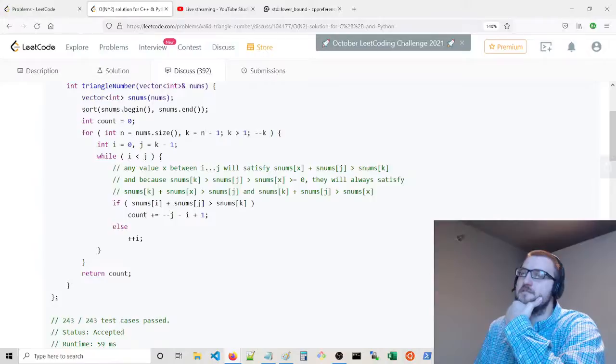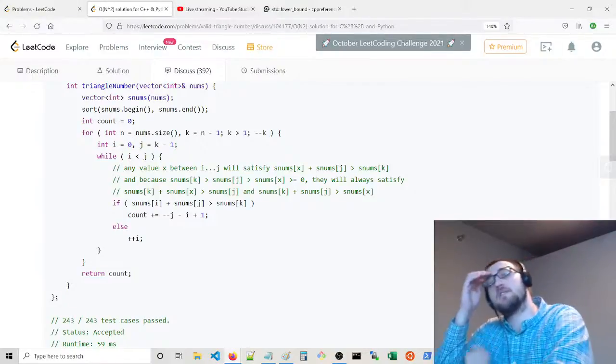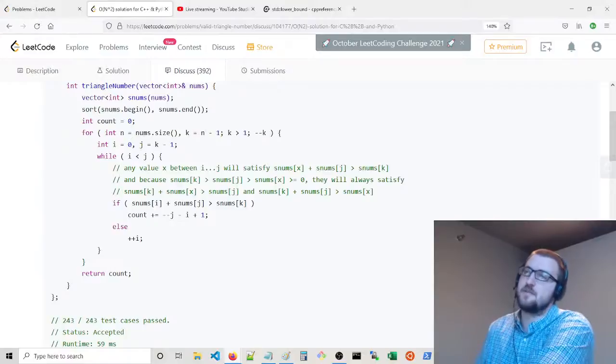How did we do? So i is 0 and j is everything between. Okay, so how do you know that nums of i and nums of j, if you add these two, they're going to be greater than k?